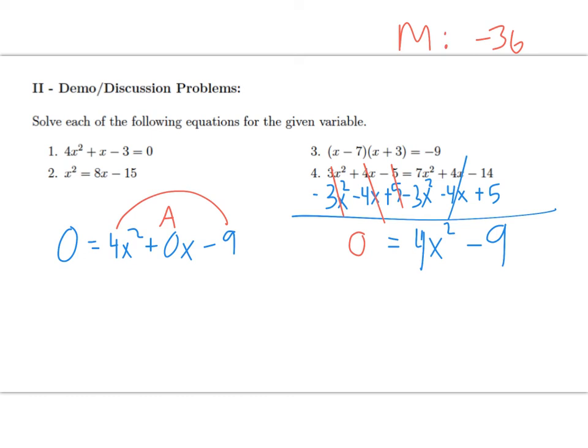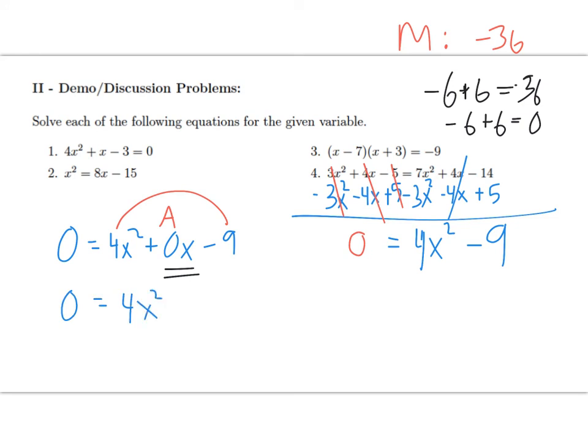If they add to 0, they have to be additive inverses, or opposites in an additive sense. So 6 and negative 6. 6 times negative 6 is going to make negative 36. But negative 6 plus 6 is going to make 0 because there's no x term here. I just wrote that in so that we could visualize a little bit better. So we're going to break up 0x into plus 6x and minus 6x.